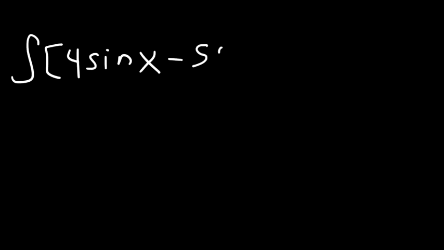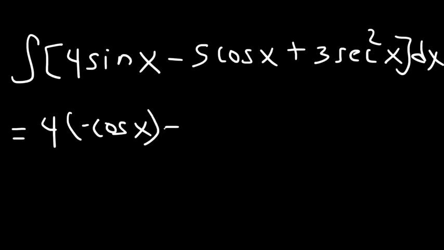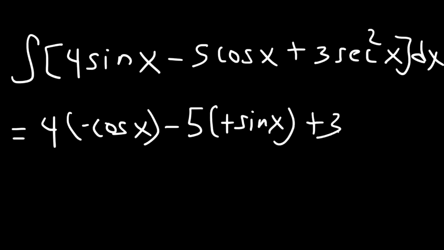So let's say if we wish to find the antiderivative of 4 sine x minus 5 cosine x plus 3 secant squared x. Now the antiderivative of sine is negative cosine, and the antiderivative of cosine is positive sine, and the antiderivative of secant squared is tangent.